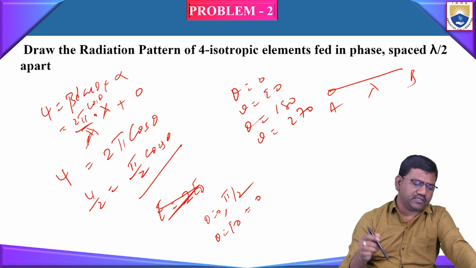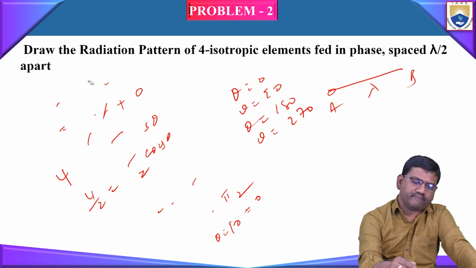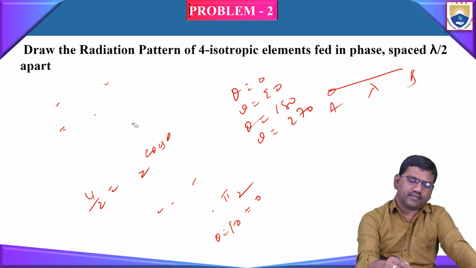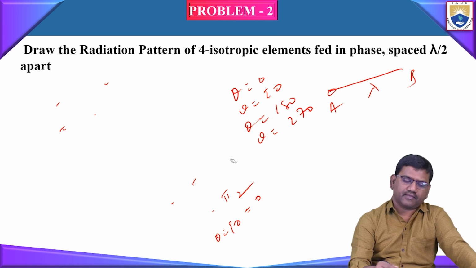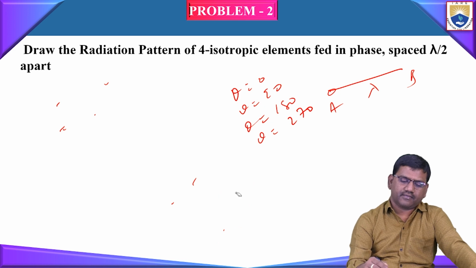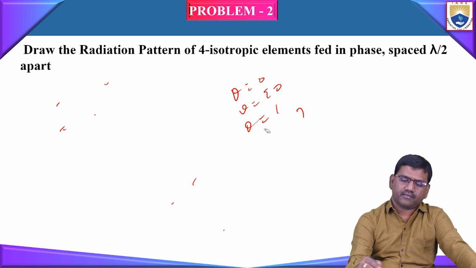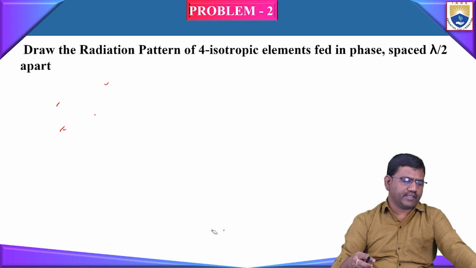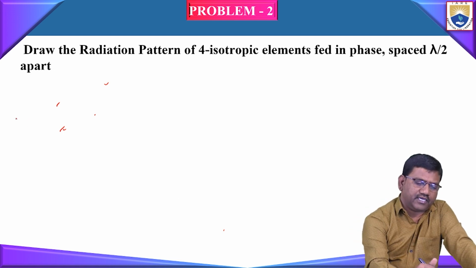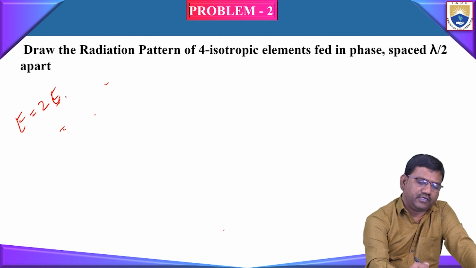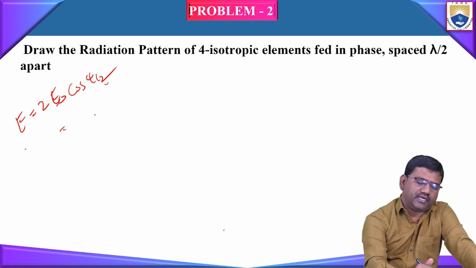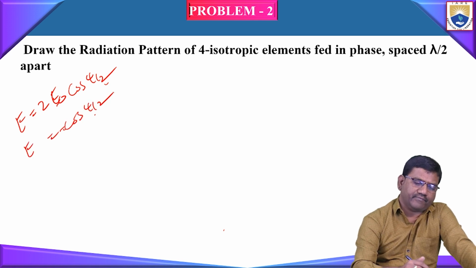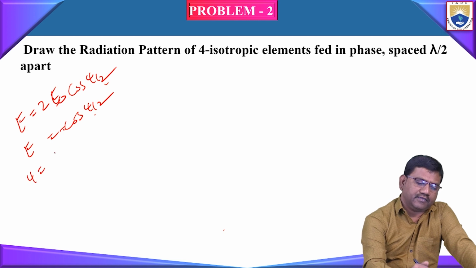We know that E is equal to 2 E naught cos psi by 2 here. So what is psi here?